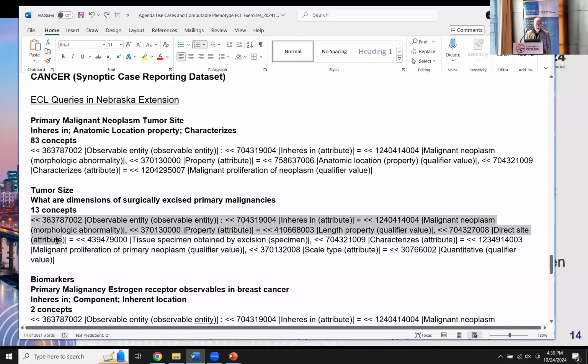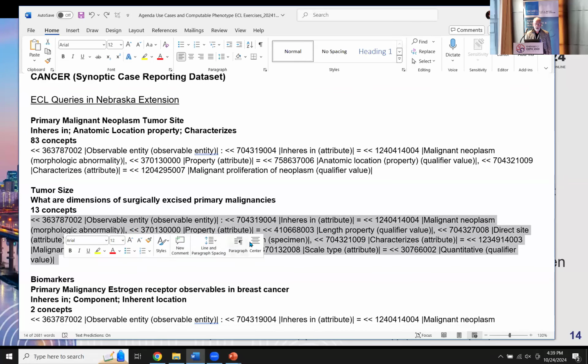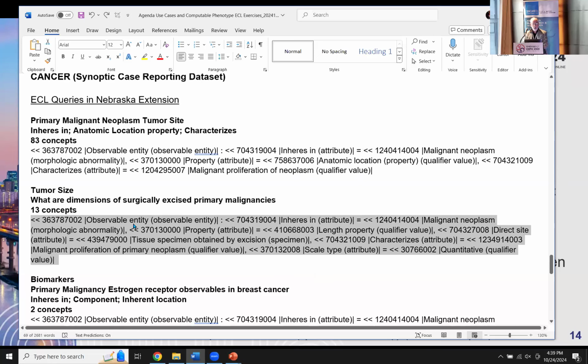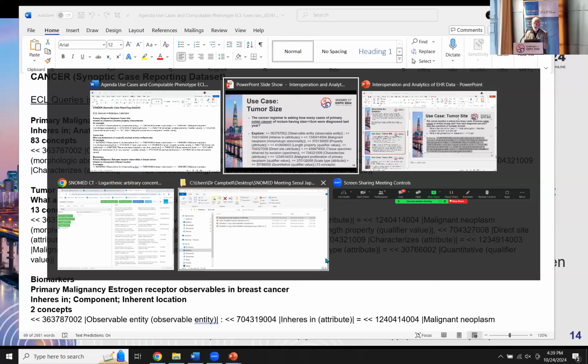And here's the handout material. And I'm just pulling up the dimensions of surgically excised primary neoplasms.